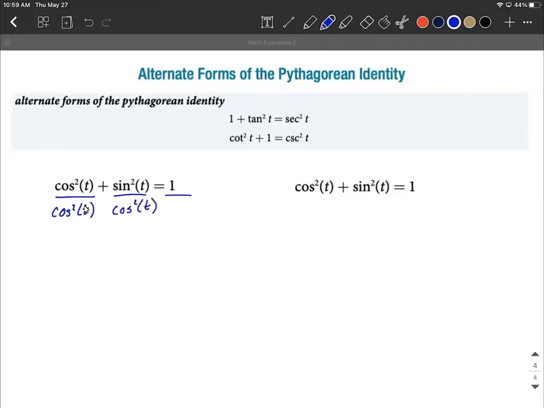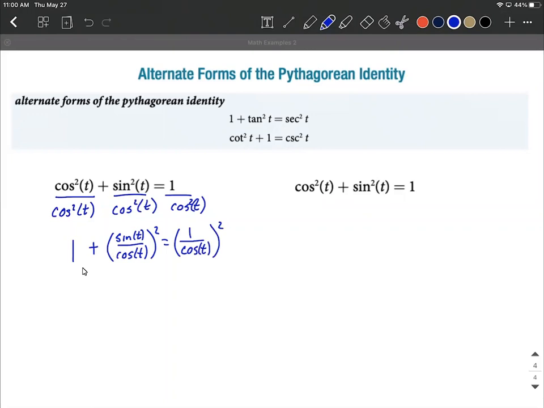Cosine squared of t divided by cosine squared of t equals 1. Plus, when we have both of these being squared, we could think of this as sine of t over cosine of t, the whole quantity being squared. And then on the right-hand side, we can visualize that as 1 squared if we want to, so we can move a square to the outside.